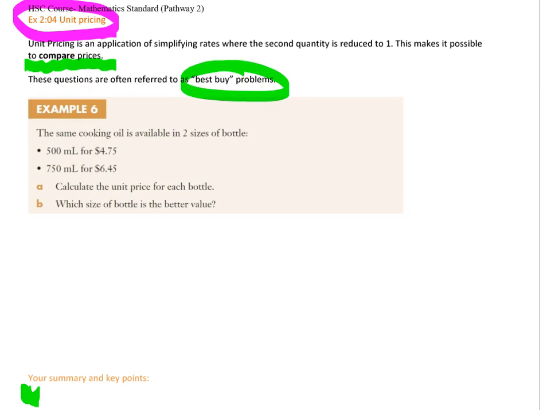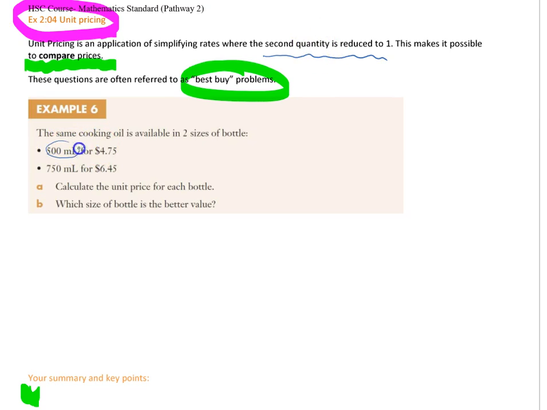So knowing that we're going to reduce the second quantity to 1, if you look at this example, the same cooking oil is available in 2 sizes. You get 500 mils for $4.75 or 750 mils for $6.45. We want to compare the quantity.